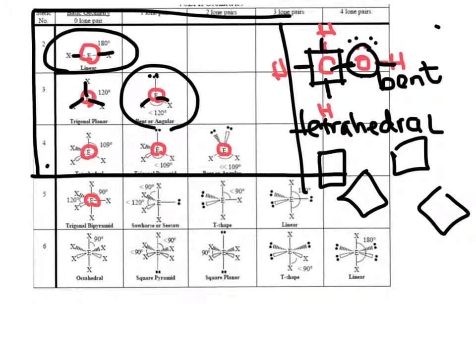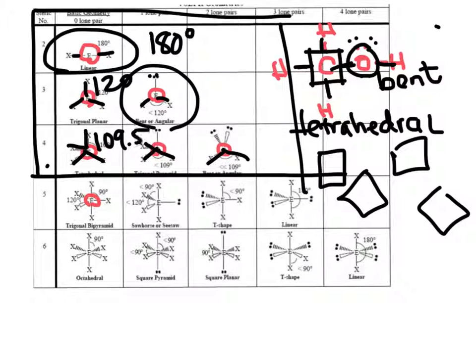This is our 4 pairs of electrons and they're all involved in bonds, 4 pairs of electrons with 3 involved in bonds, and 4 pairs of electrons with 2 involved in bonds. For all of these, you need to know the name of the shape, and you also need to know the bond angles. This one was 109, this one is 107, and this one is 104.